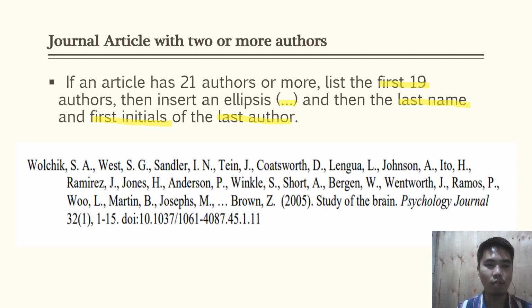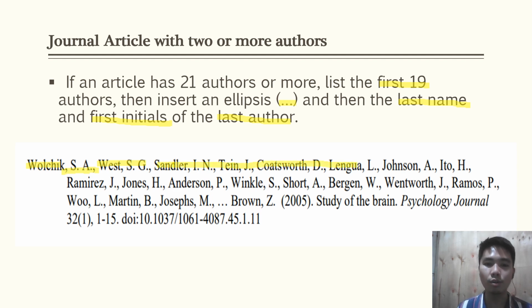So below we have here the example of an APA format presenting 21 or more authors. Mapapansin natin they follow almost the same presentation. Here's the surname followed by a comma, then the initials, then a period and a comma, followed by the second author, the third, the fourth, diretso po yan.